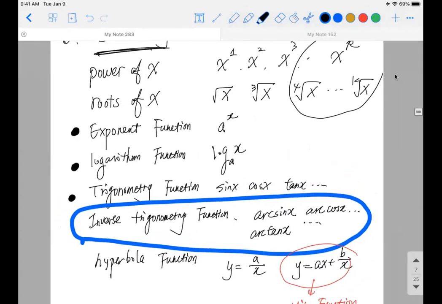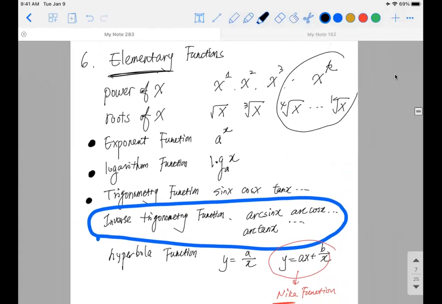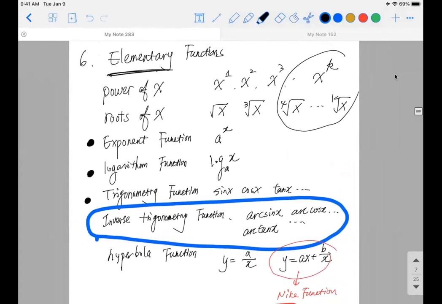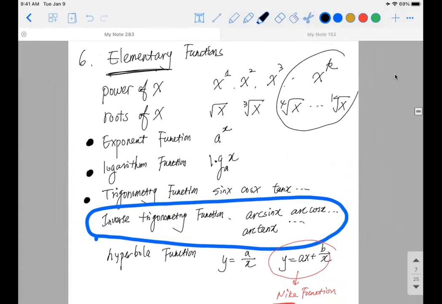In the real math world, these are all considered elementary functions. Advanced function is only our book's way to make a quick difference between what is the elementary function and what is the advanced function. But generally speaking, they all have the name elementary. You can say some of them are easier or some are more advanced. That's not a big deal whatsoever.